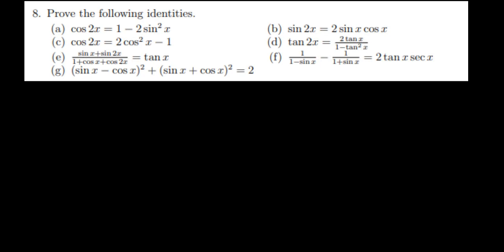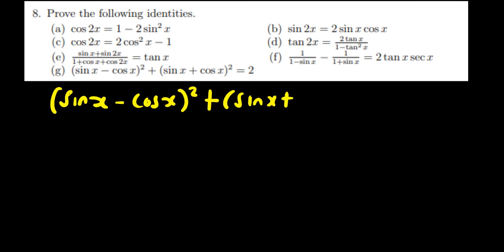Okay, which other one can we solve? Let's solve G, the last one. For the last one, it's giving us a constant. I think this one is a good one. Sine x minus cos x, this is squared, plus sine x plus cos x, this is also squared. So what are we going to do now?